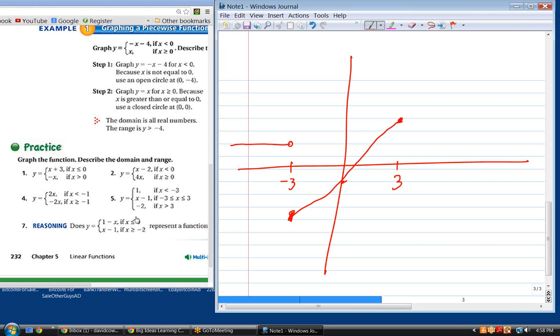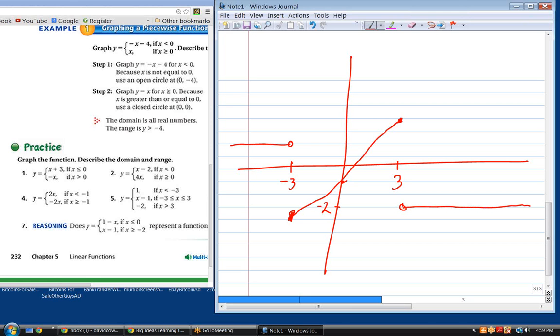And the third part is whenever x is greater than 3, to the right, y is minus 2. Well, minus 2 is there. Open circle, like that. So that's how we would graph that 3-piecewise function. Well, you don't really call it that. It's just a piecewise function.